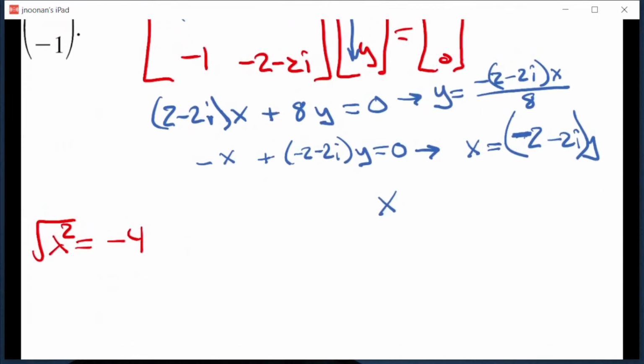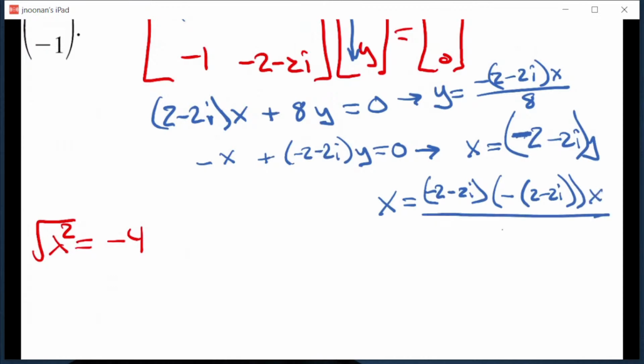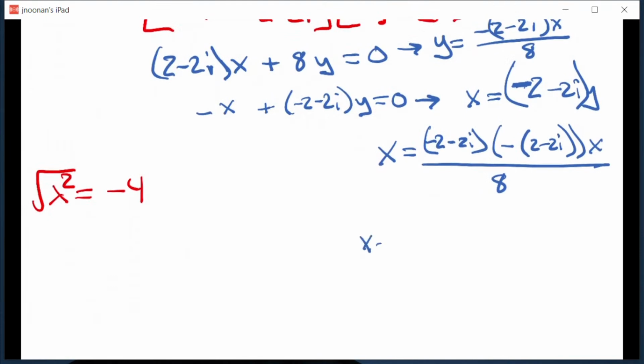So x should equal -2 minus 2i times the negative of 2 minus 2i times x over 8. This looks like it's going to be complicated, but I think I'll persevere. It'll be okay. So this is going to be 2 plus 2i times 2 minus 2i times x all over 8.